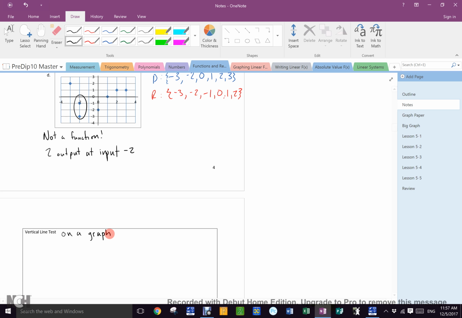Does that mean you can use it when you don't have a graph? No. When can you use it? On a graph. And the next thing I need to make sure of, what direction is vertical?